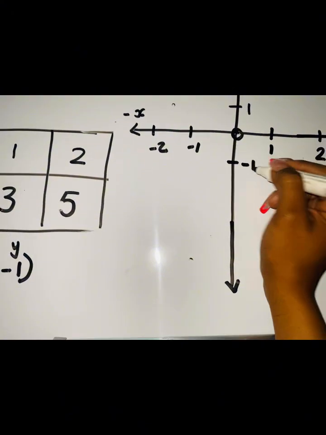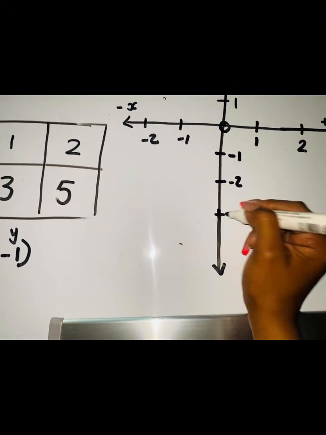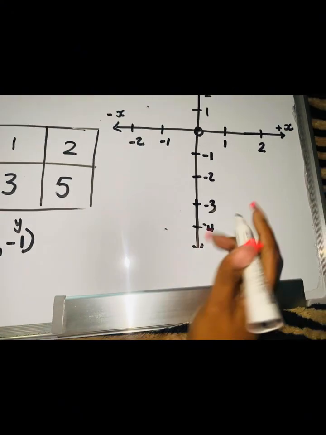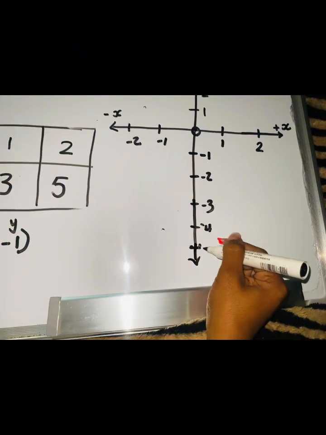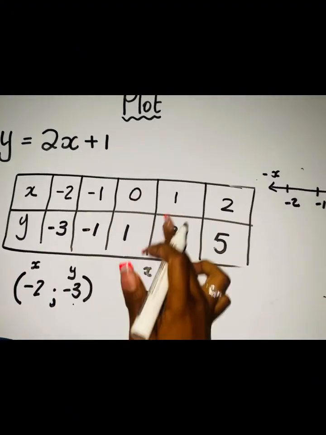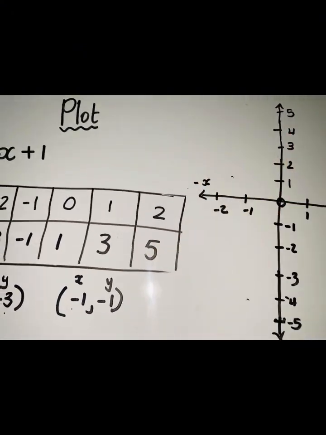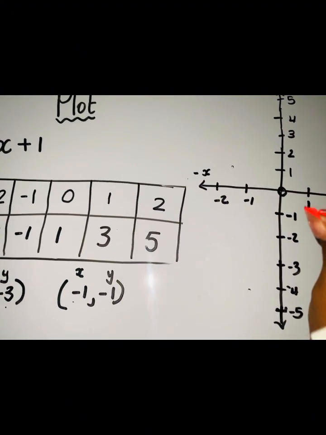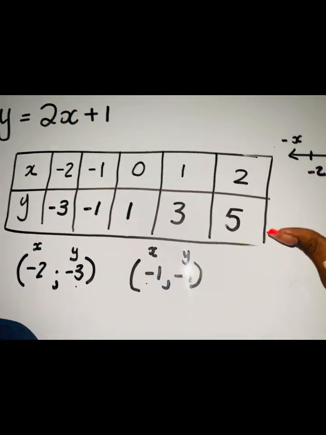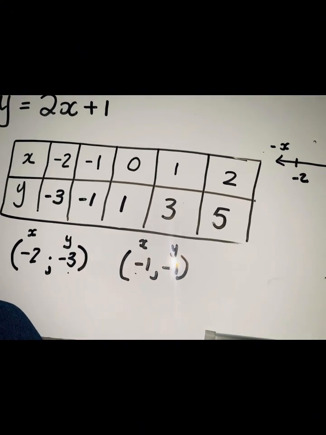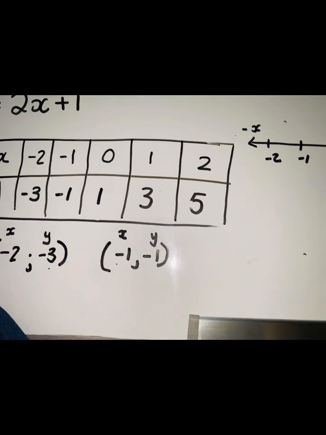So this is going to be -1, -2, -3, -4, and -5. Right, so I'm looking at my numbers. I'm not going to draw a very long, large Cartesian plane. No, you draw according to the numbers that you have, because we don't want to work extra hard in maths. We try and be smart about things.